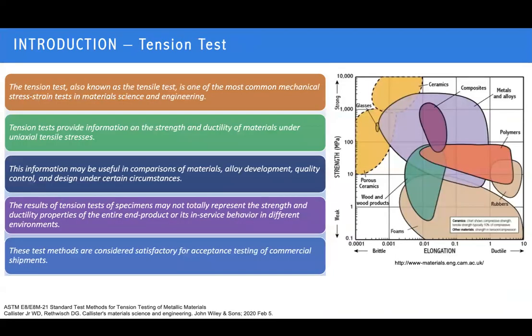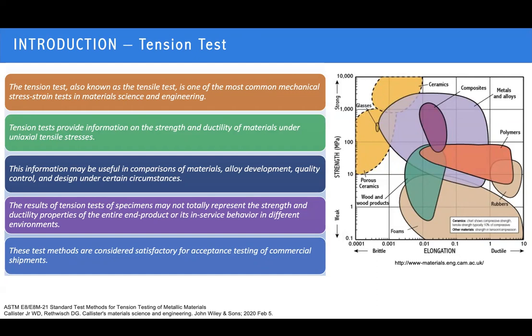So why is the tension test important? This tension test, which we know as the tensile test, is the most common mechanical stress-strain test in material science, but it is also very useful in other fields. This test provides information about the properties of the material, like strength and ductility.